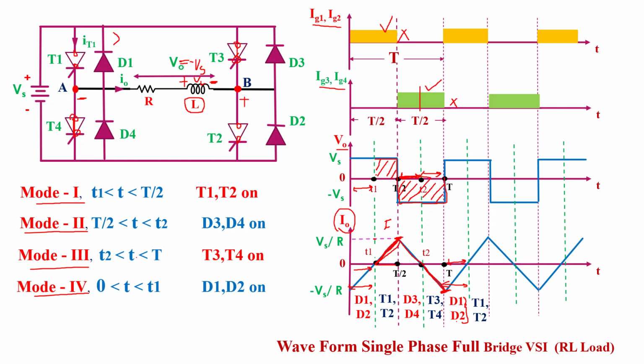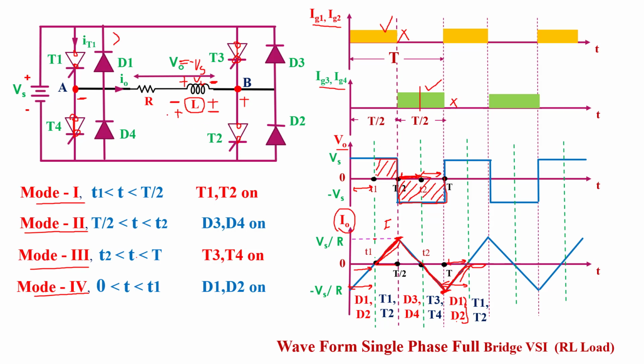So the inductor slowly decreases current exponentially with respect to time, because in the previous mode, mode 3, the inductor stored some energy in this direction. This terminal is positive and this terminal is negative, and in this mode number 4 the inductor releases its energy. So when the inductor releases its energy, it changes polarity. So this time this terminal is negative and this is positive, and current always flows from positive toward negative.